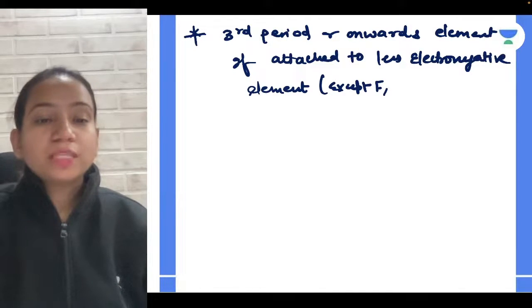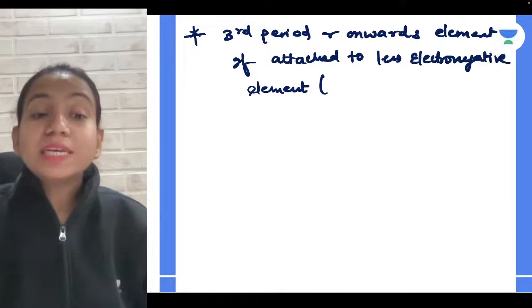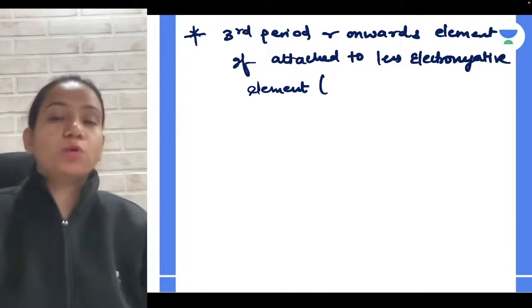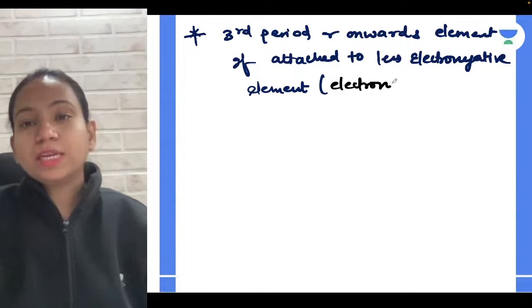Less electronegative element means the one which has electronegativity less than 2.5. We can write that: element having electronegativity less than 2.5.